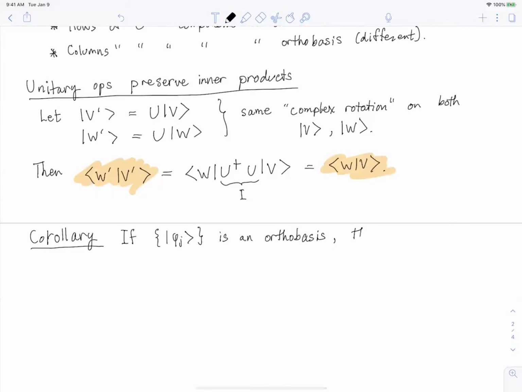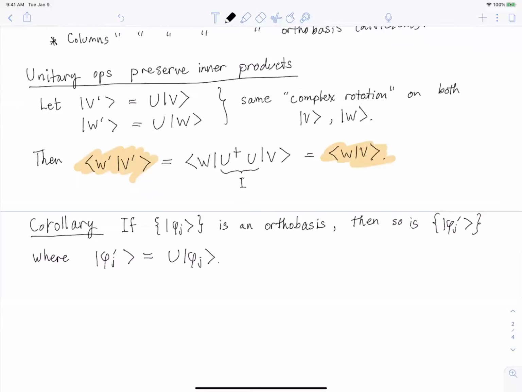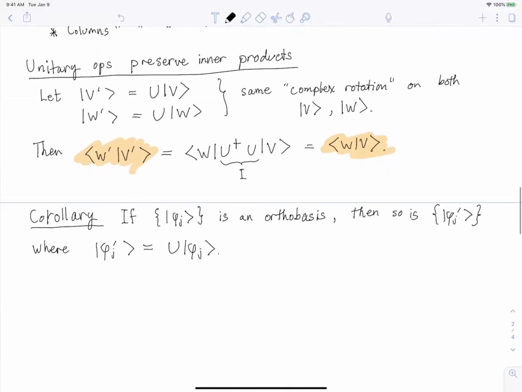Then so will be the orthobasis kets that I get by doing a unitary rotation on them all, where phi j prime is equal to the unitary operator acting on phi j. Of course, you have to do the same unitary operator acting on everything. It's no fair doing one unitary rotation on phi sub 1 and a different one on phi sub 2. You've got to do the same unitary rotation.